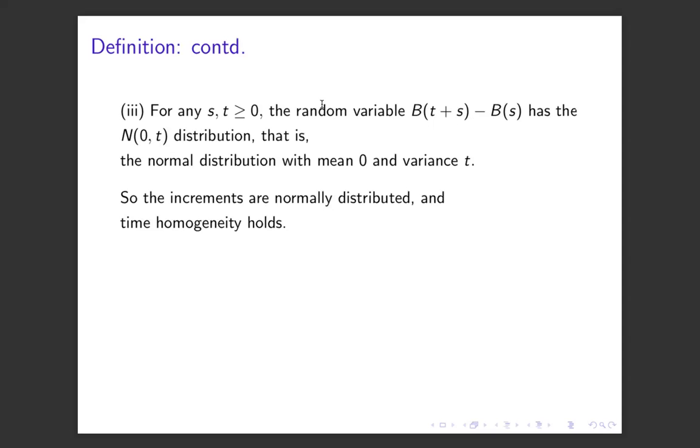So that says that in this part of the definition, the time homogeneity or stationary independent increment property is implicit. In any interval of length t, the increment, the net displacement in that interval, has a normal distribution with mean 0 and variance t. So the increments are normally distributed and time homogeneity holds.